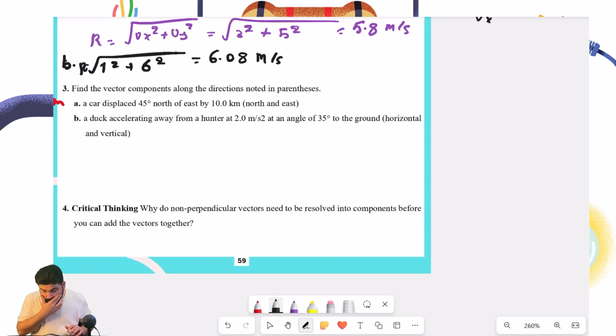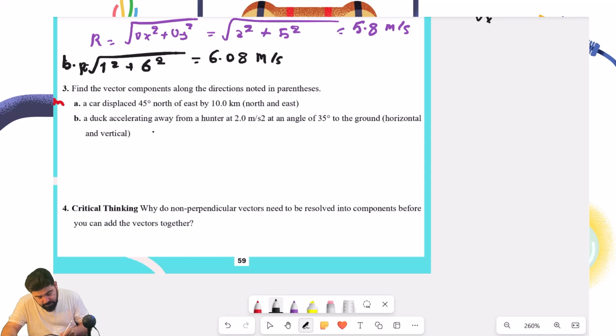Now we have question 3. Question 3 says: find the component along the directions noted in parentheses. So we need to find x and y. A car is displaced 45 degrees north of east by 10 kilometers. So we have north and east.